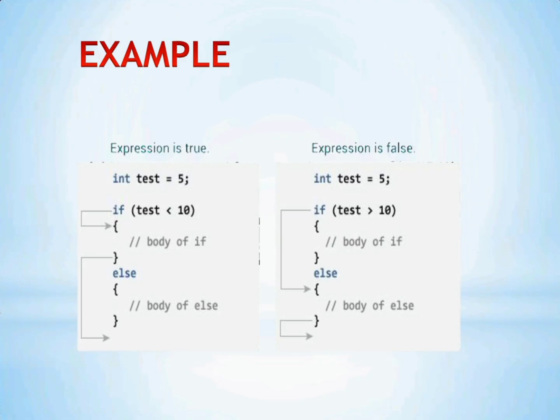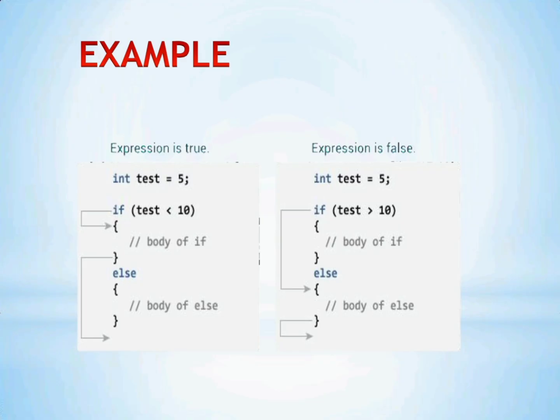We don't want the else part, but it will execute. Here the expression is false. See the statement: if 5 is greater than 10, is the condition true or not? Obviously it is false, right?